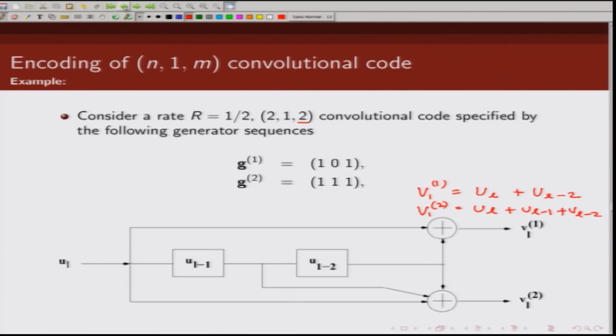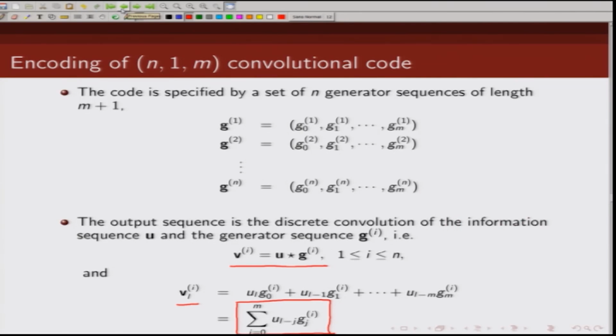If we go back, our output is this. If we expand it for this particular example, this will be U_L g_0^i plus U_{L-1} g_1^i plus U_{L-2} g_2^i.